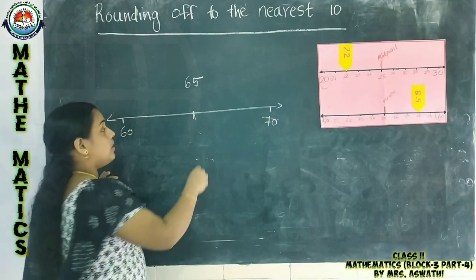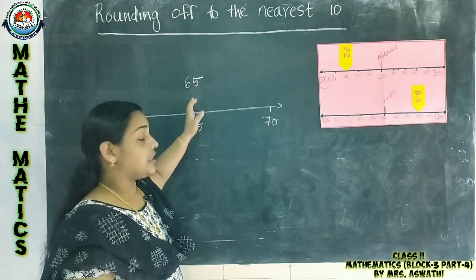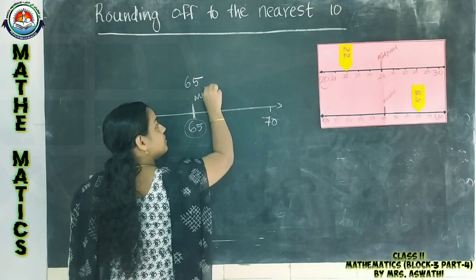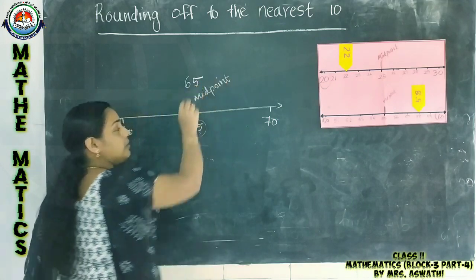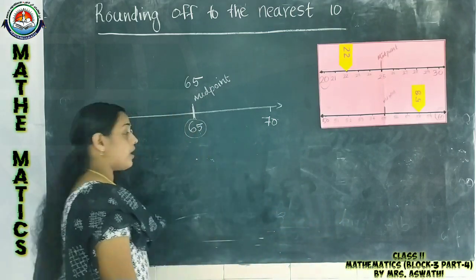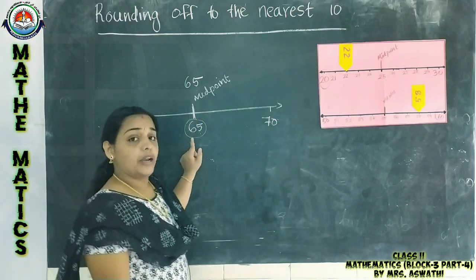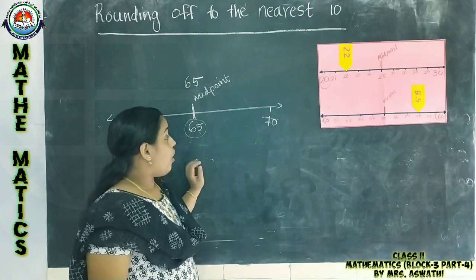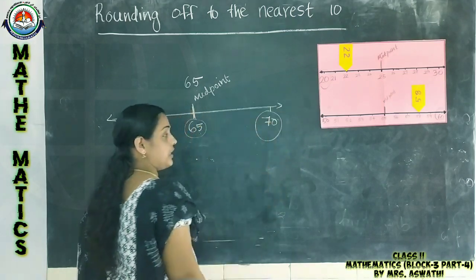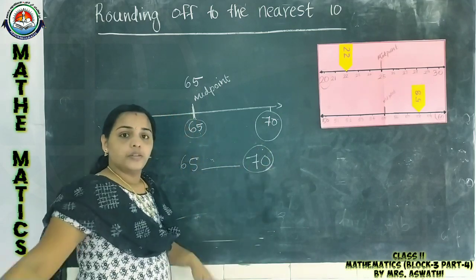Yes, 65. So the position of 65 is here. It is exactly at the midpoint. Listen here. If the number is exactly at the midpoint, we round off to the greater 10. So, 65 we round off to 70.